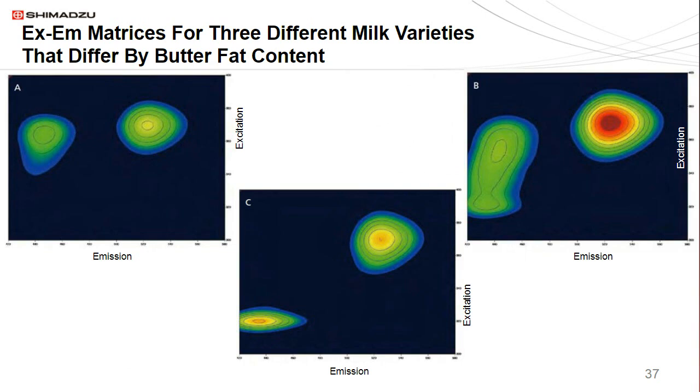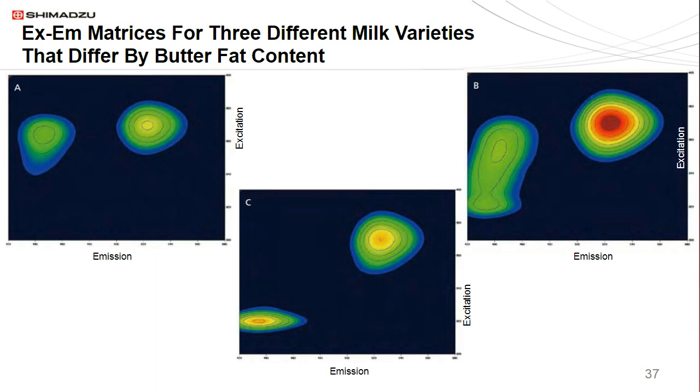of information. Here you see contour plots for three different varieties of milk. And milk can vary tremendously because whatever the cow is eating, you're probably eating as well, because whatever the cow eats kind of comes through to the milk.